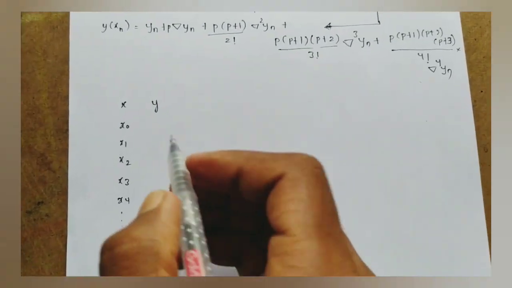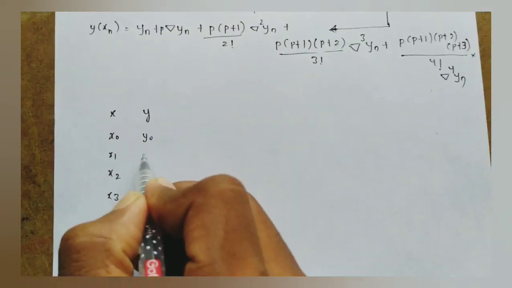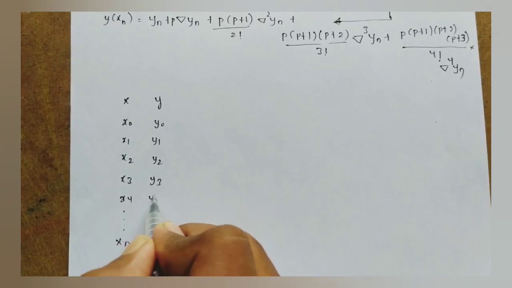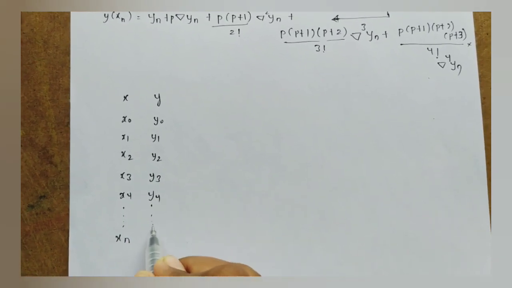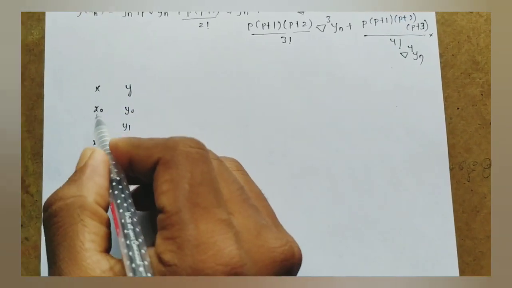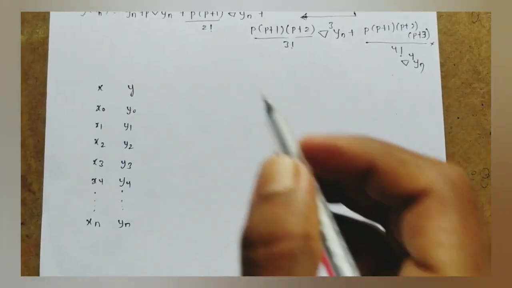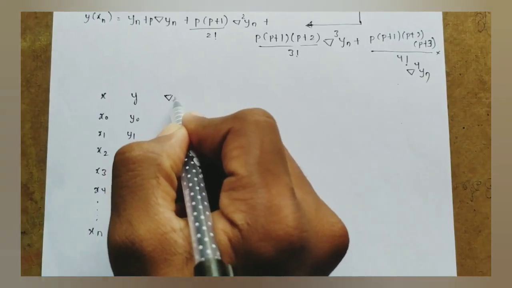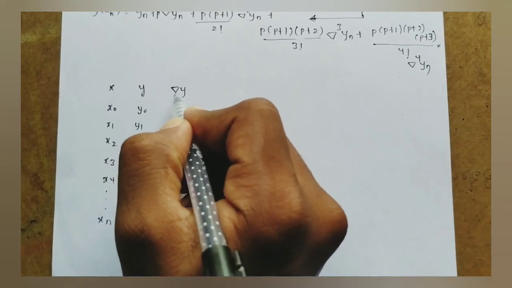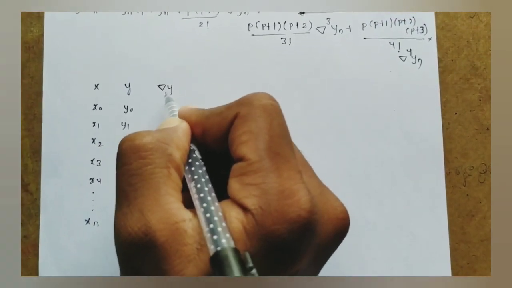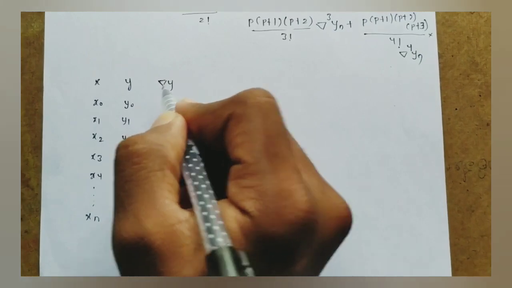The values of y are y0, y1, y2, y3, y4 and so on up to yn. These are the values of x and y. Similarly we can find del y, so in this backward difference table we place del y.